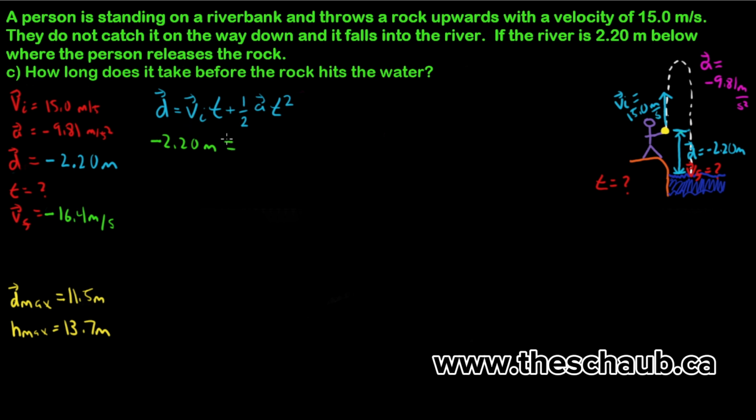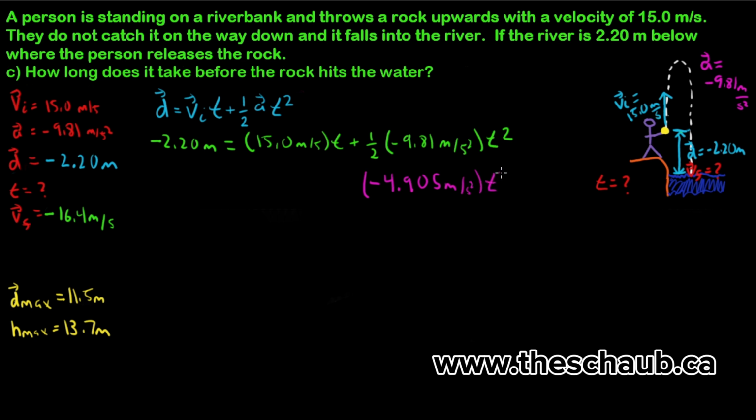Our VI is 15 meters per second, and this is multiplied by our t term, plus 1/2 multiplied by our acceleration, which is gravity, negative 9.81 meters per second squared, multiplied by our t squared term. 1/2 multiplied by negative 9.81 gives us negative 4.905 meters per second squared, and this is still multiplied by our t squared term, plus 15.0 meters per second multiplied by t is equal to negative 2.20 meters.